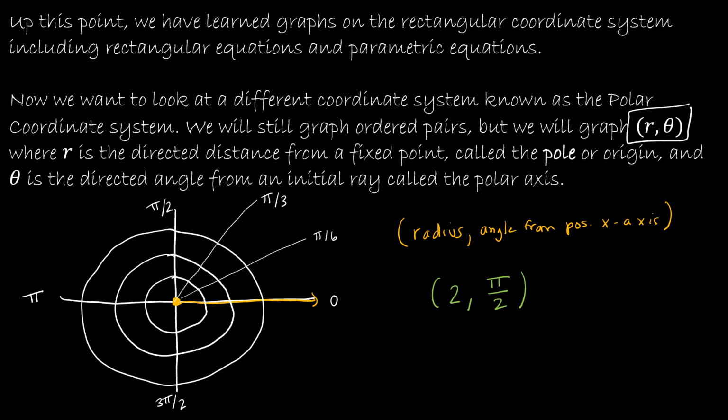So for our first example, to graph 2 comma pi over 2, I would go 2 and then go pi over 2 from here. So really I'm looking at a ray that goes to 2 and that is pi over 2 from the polar axis, or the positive x-axis.